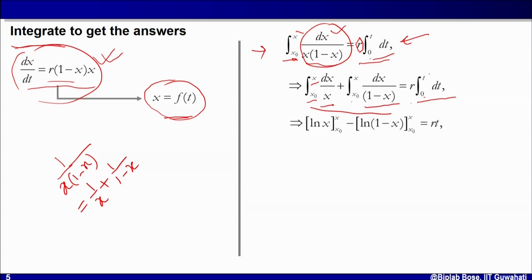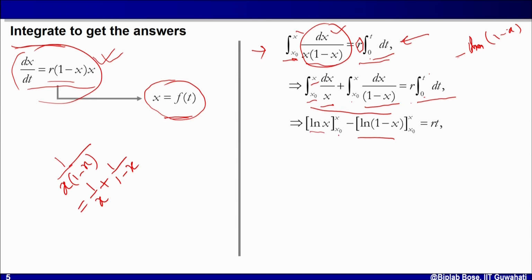Moving further, using the simple formula of integration, dx by x when integrated gives ln of x. When I integrate dx by (1 minus x), we get minus ln of (1 minus x). So that is shown here.